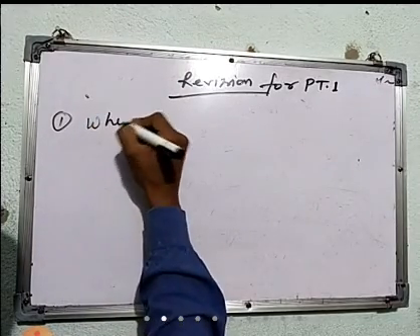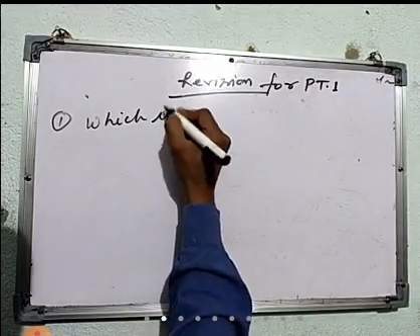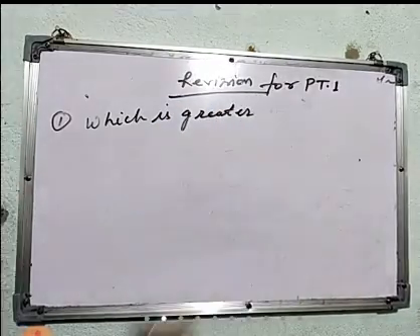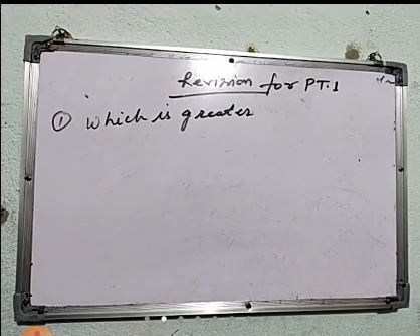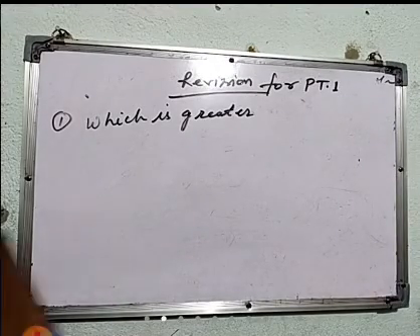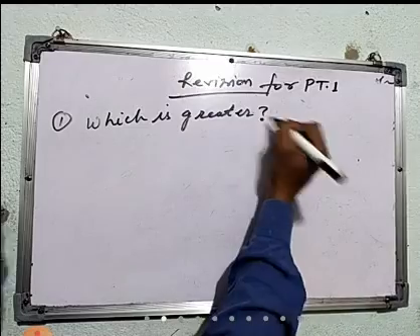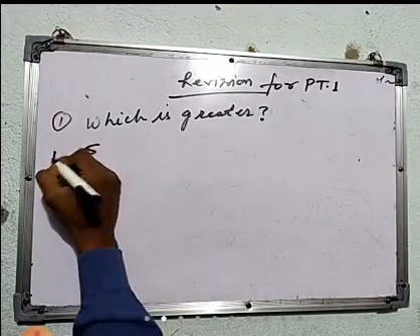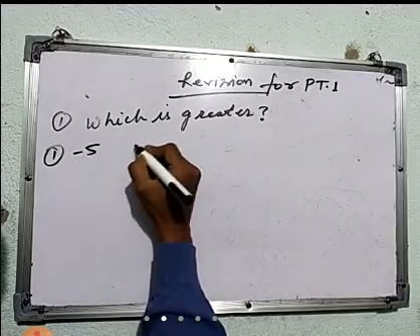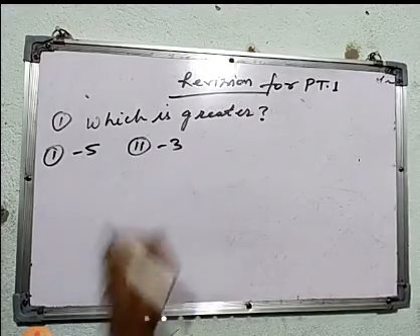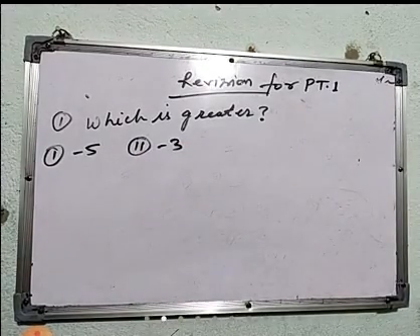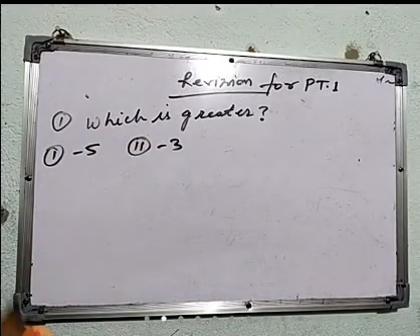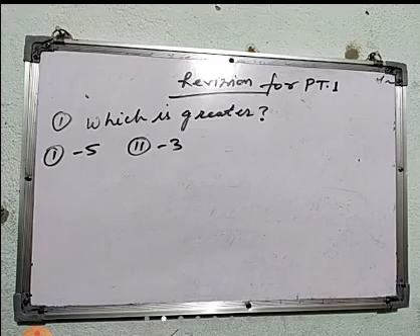Which is greater? First option -5, second -3. You also write which of the following integers is greater.